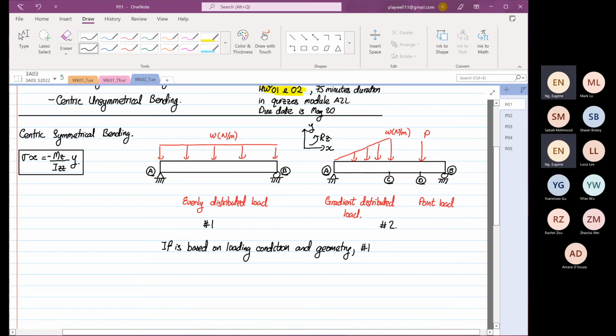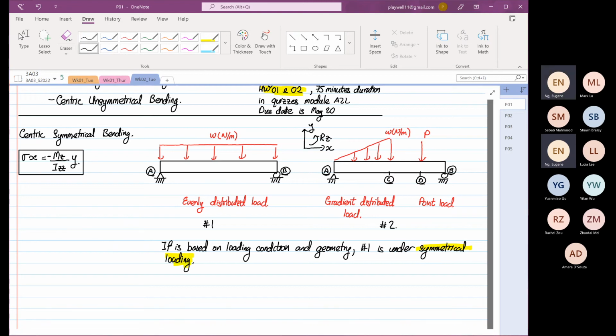Number 1 is under symmetrical loading. I highlight down here. This is known as symmetrical loading.